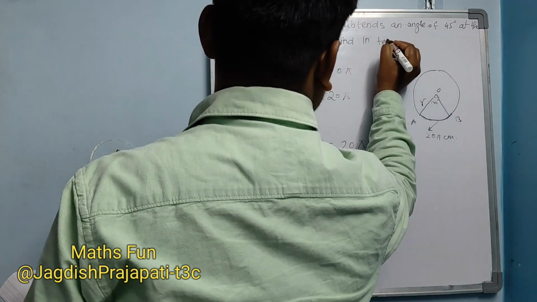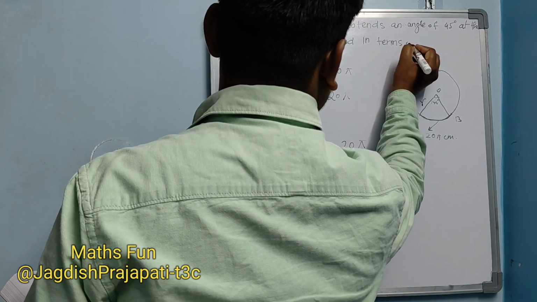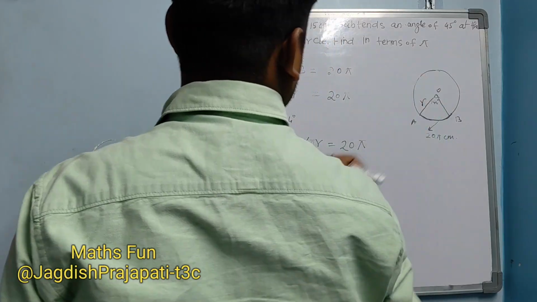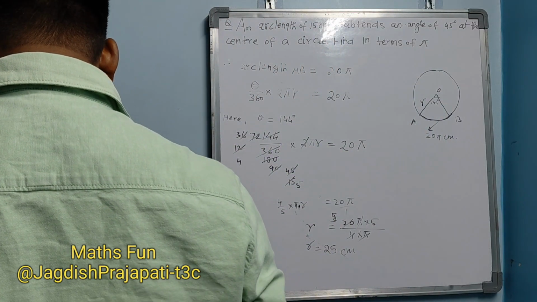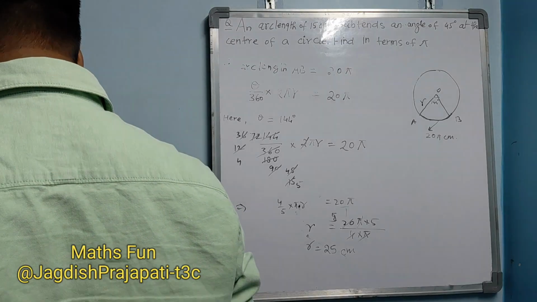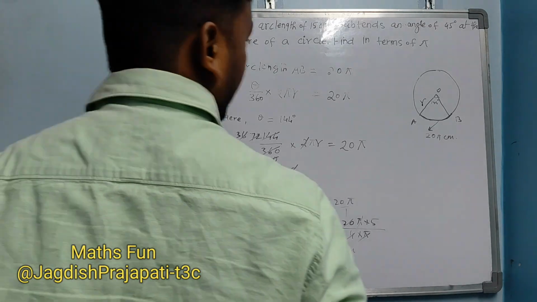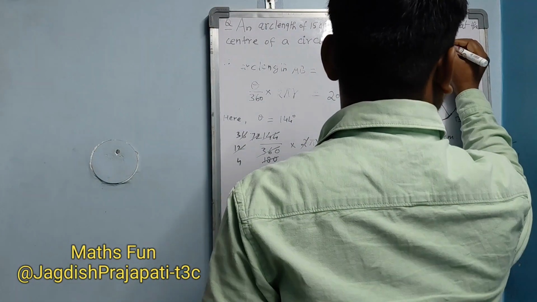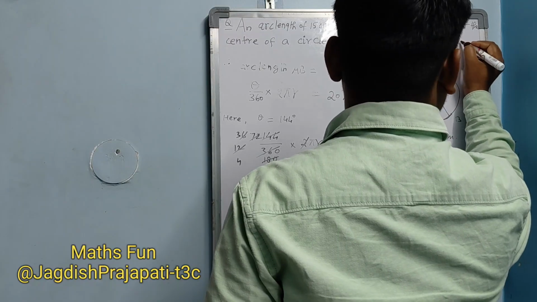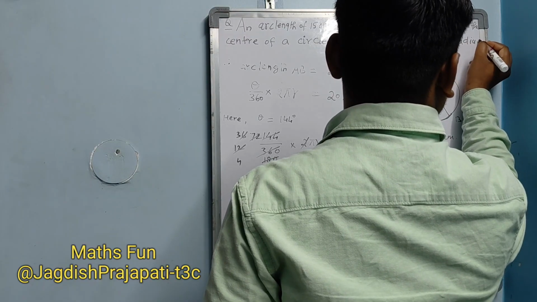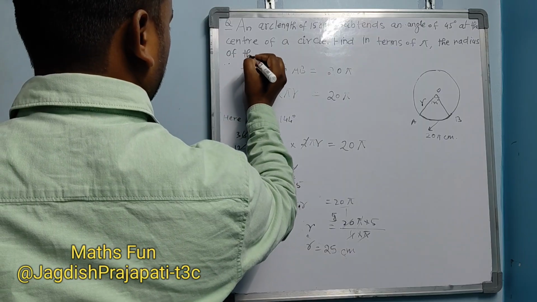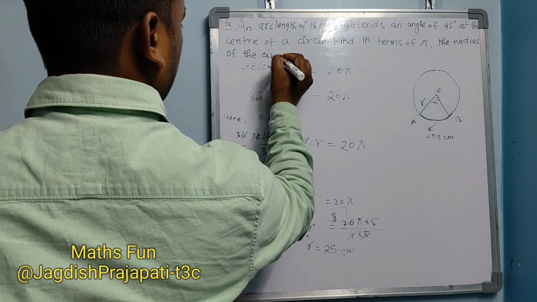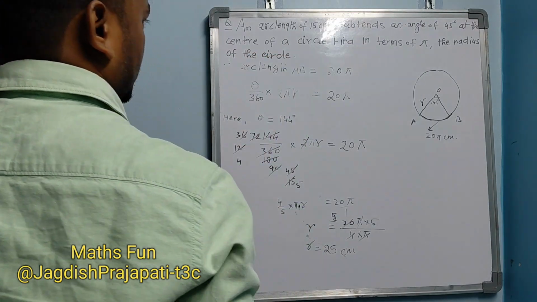Find in terms of pi the radius of this circle.